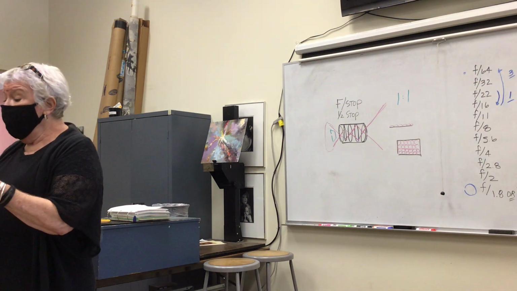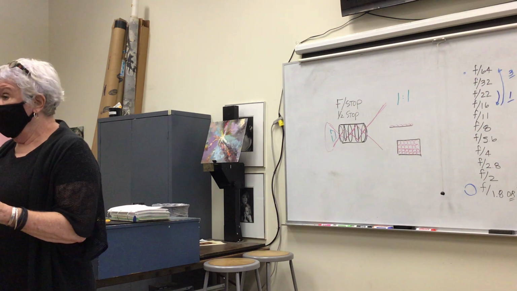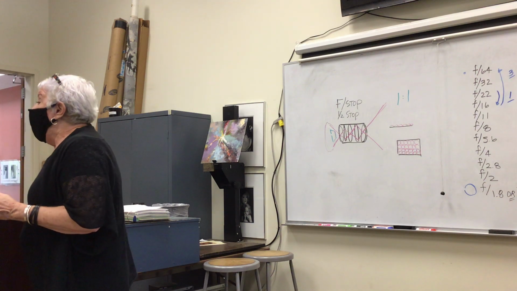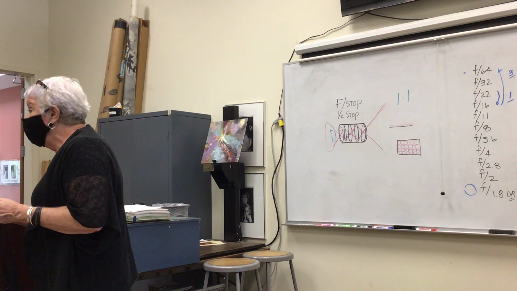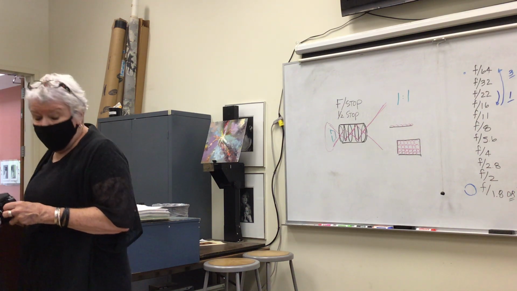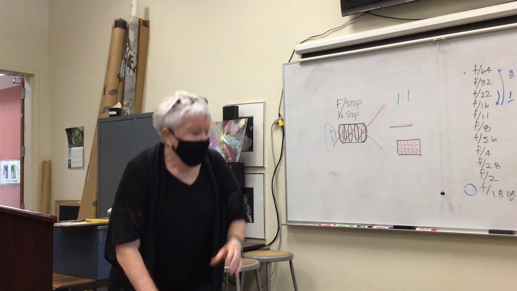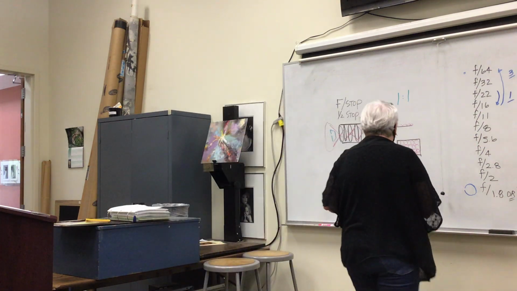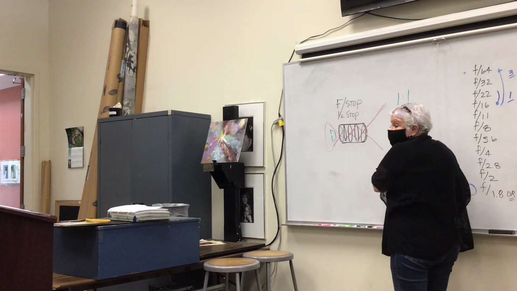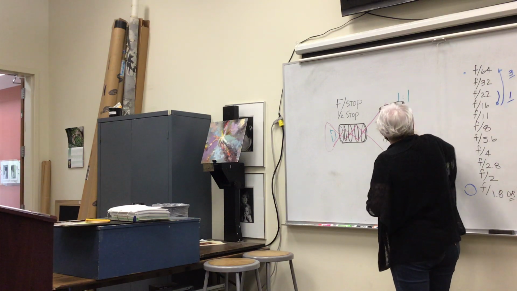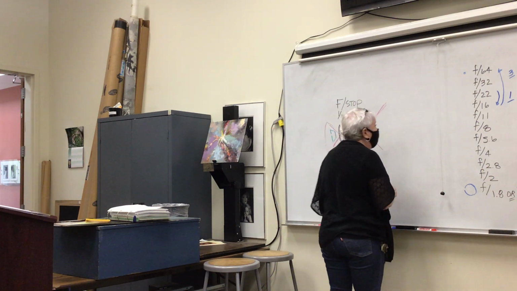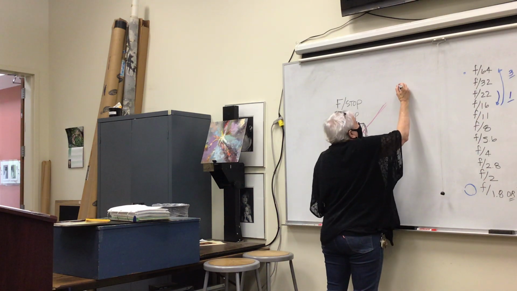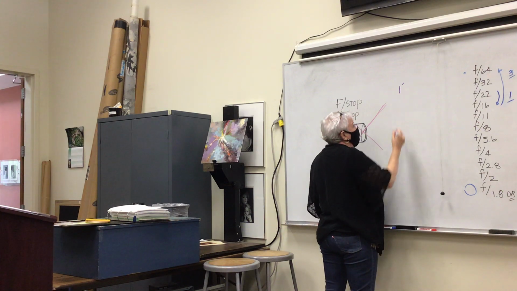So all the numbers that are white represent a half second, a fourth of a second, an eighth of a second. Those numbers are fractions. The numbers are not full numbers, except the one. That means 1 second.